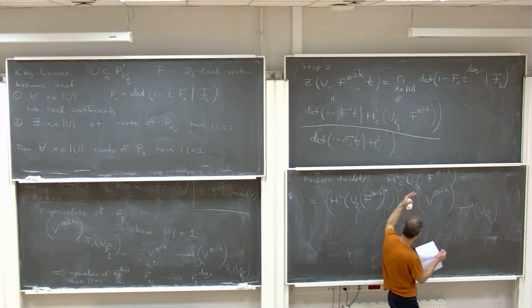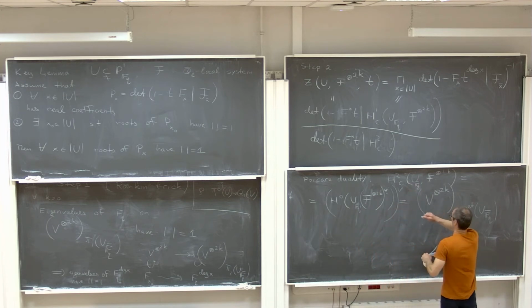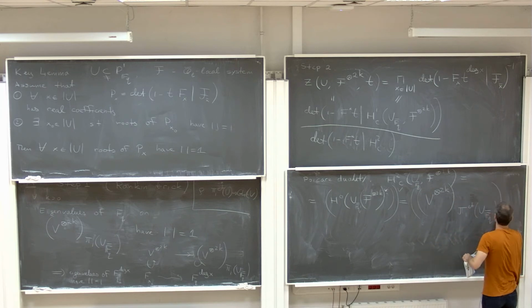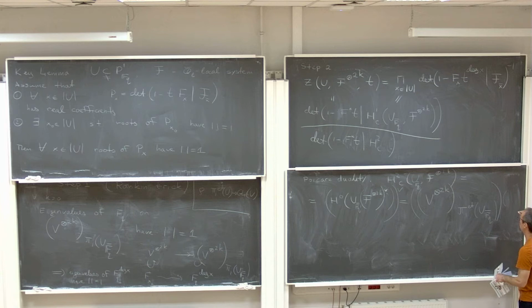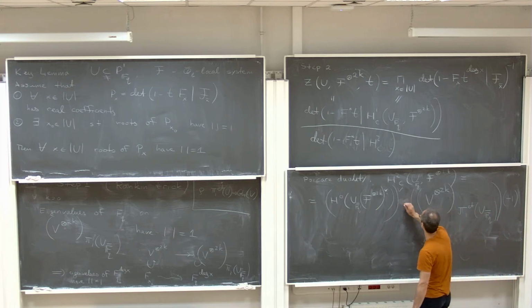So I need to take this and tensor it with a one-dimensional representation of the fundamental group of F_q. So there is this twist here, and I could also write it here.